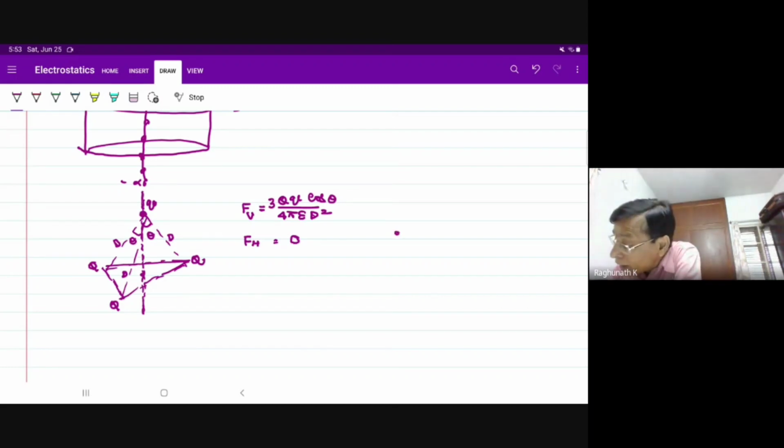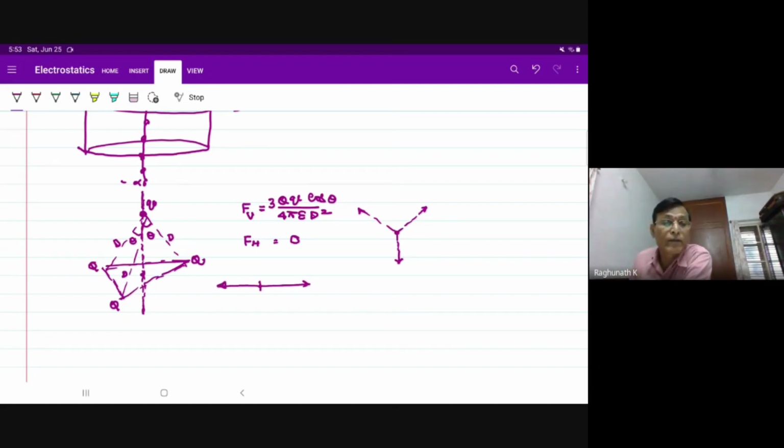The horizontal components of these forces, if I basically take them, are separated by an angle of 120 degrees each, and the magnitude is F sine theta. If 2 equal forces are acting on an object with an angle between them equal to 180 degrees, which is 360 by 2, the resultant is 0.